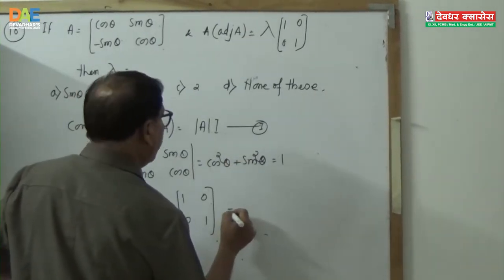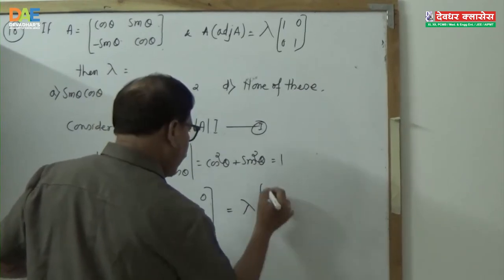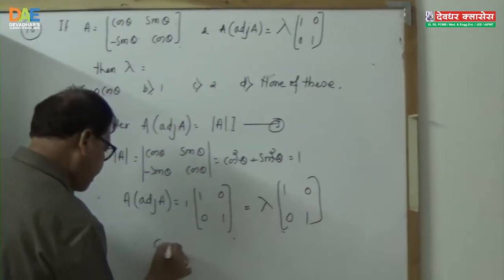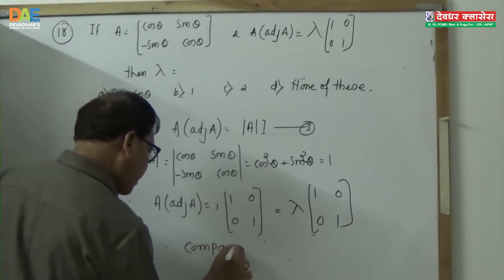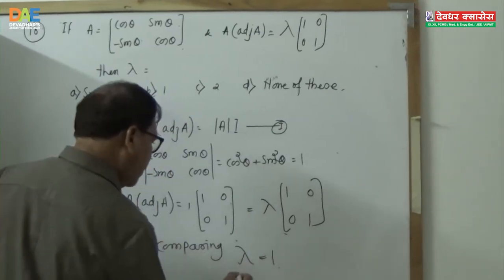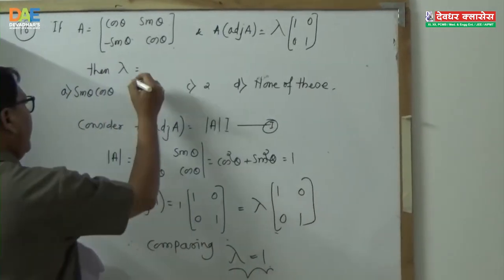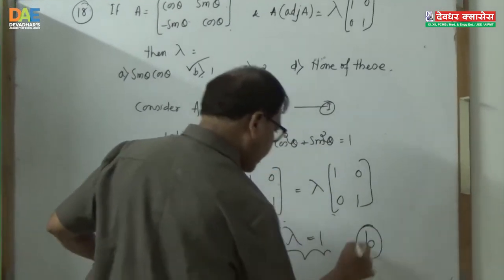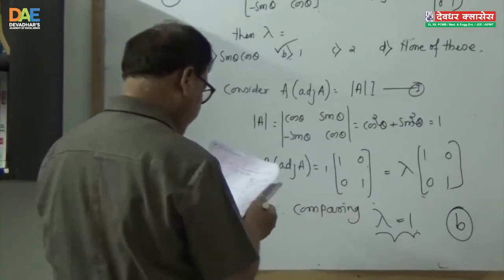Since it is given equal to lambda into 1, 0, 0, 1, comparing, lambda is equal to 1. B choice is the answer.